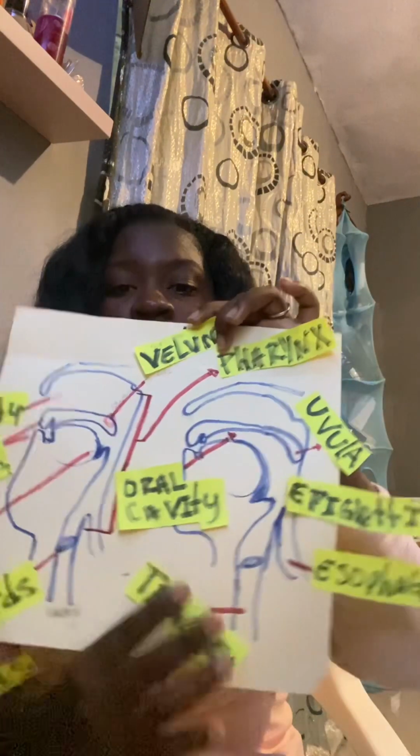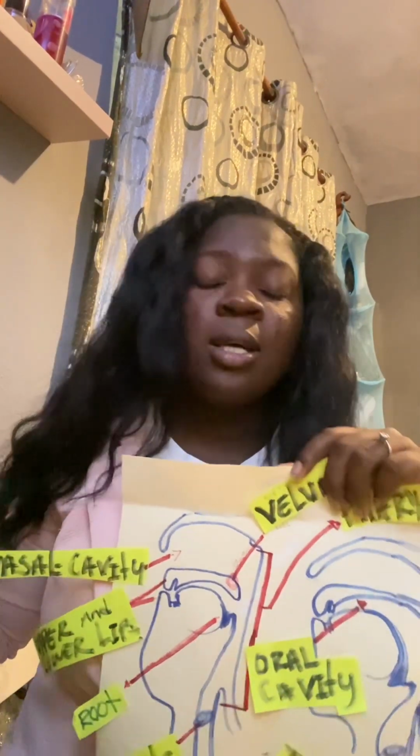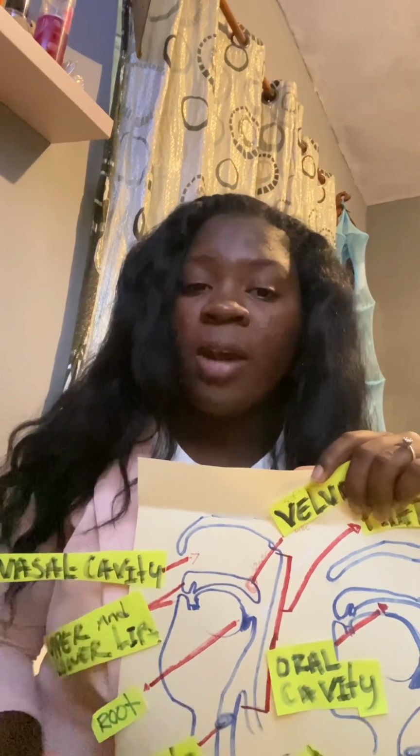So in the pharynx, we can also find the epiglottis. The epiglottis serves as a protector of the larynx, so it does not allow the food to go the wrong way. Over here, let's see if we can notice.